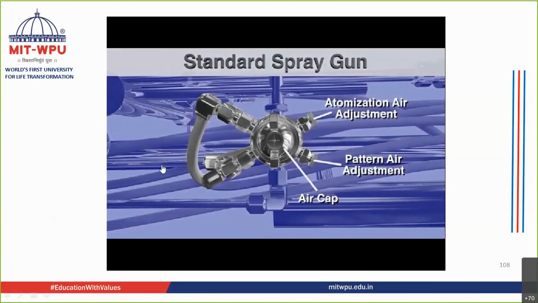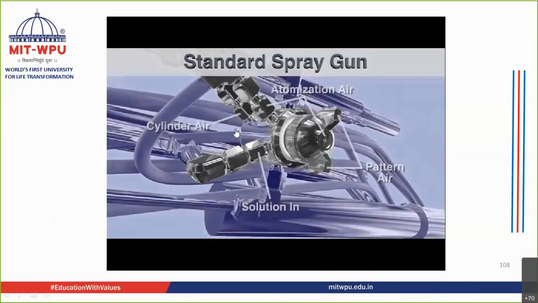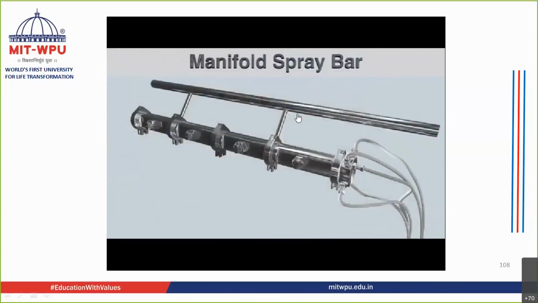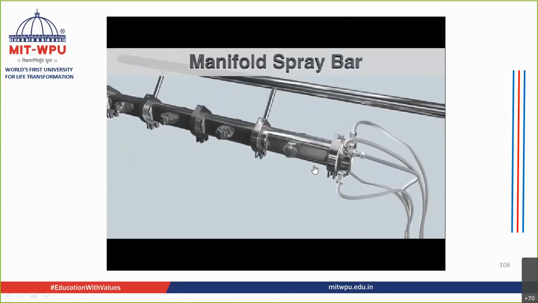So you have air that is going inside this spray gun. This air helps the solution convert into fine droplets, which is known as atomizing air, isn't it? So the solution is converted into fine droplets with the help of this air that is coming inside it. I'm not talking about the hot air now. This is for assisting the solution to convert into droplets and to spray.